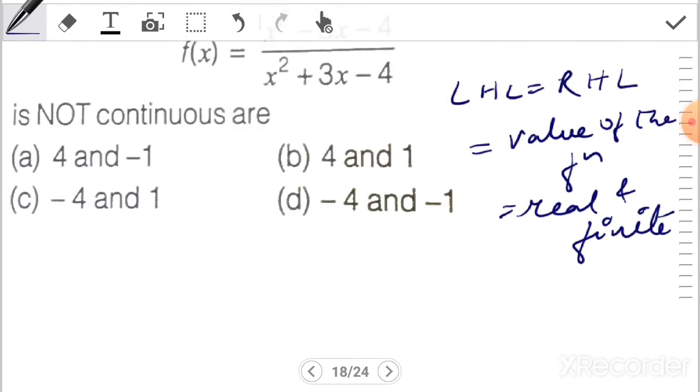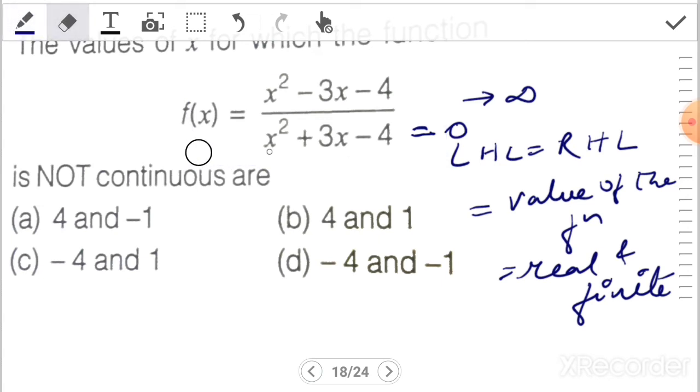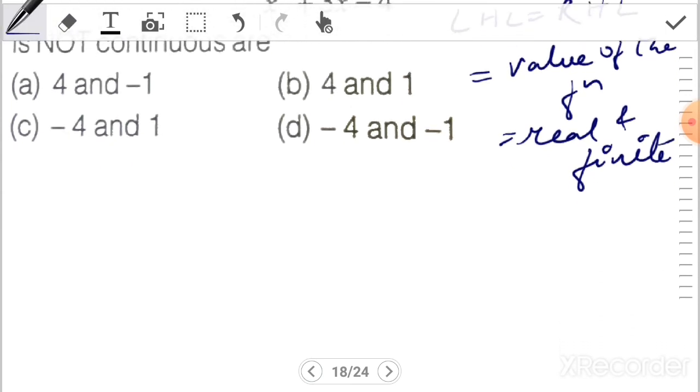So this function is not defined when it tends to an infinite value. And when can the value of the function be infinite? When the denominator is equal to 0. So we have to find the values of x for which the denominator becomes 0.